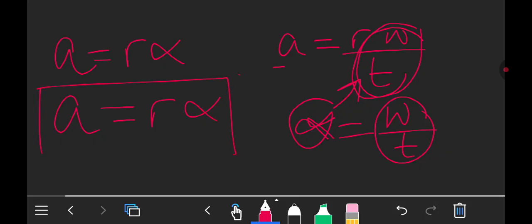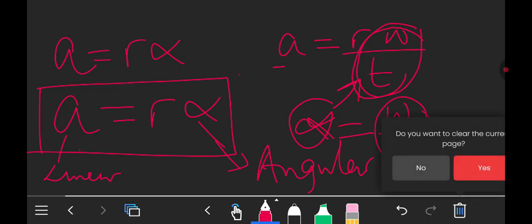This equation is very important for you to understand. This is linear acceleration, and this is angular acceleration.